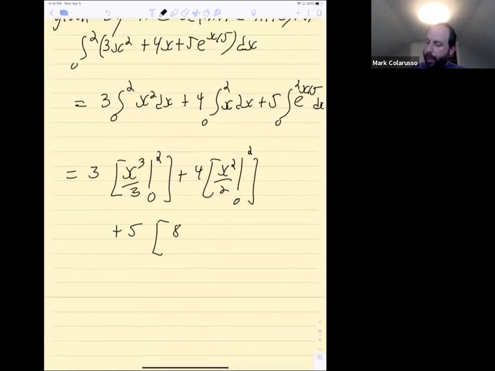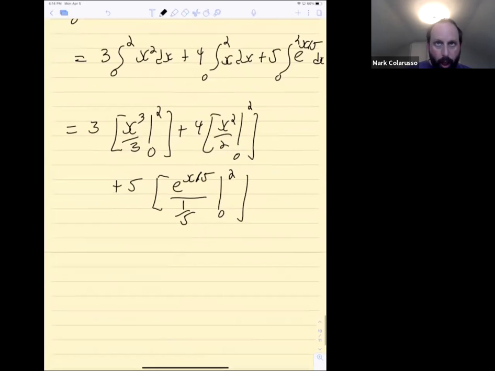So you get e to the kx again, always get that back, and then 1/5 on the bottom. And this is between 0 and 2.